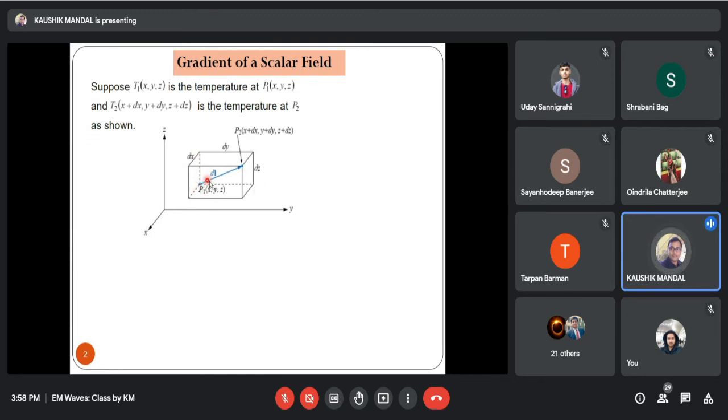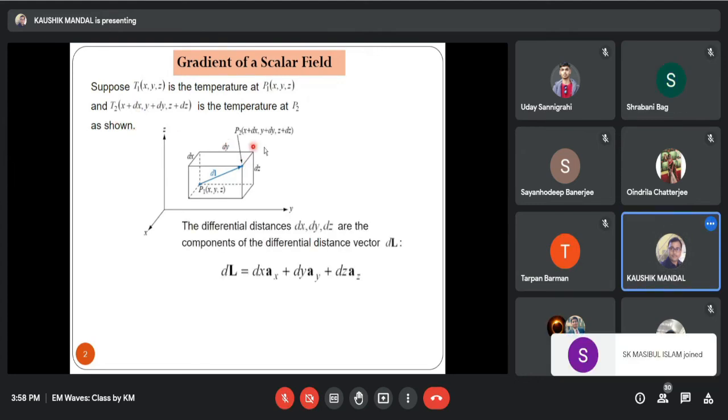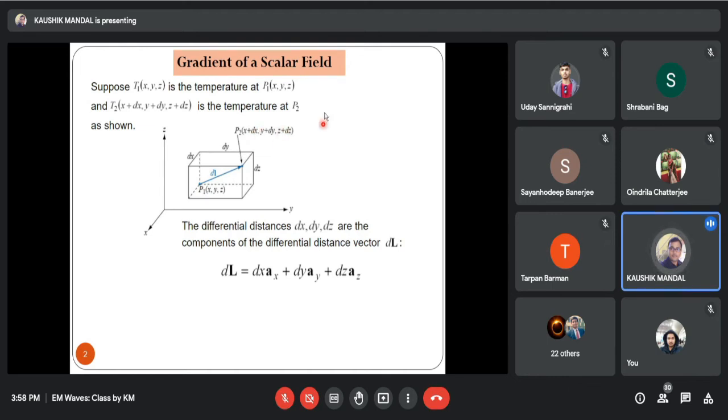Suppose at point P1, the temperature is T1, and at point P2, the temperature is T2. Comparing P1 and P2, the incremental length is x plus dx. So dx, dy, and dz are the incremental lengths.